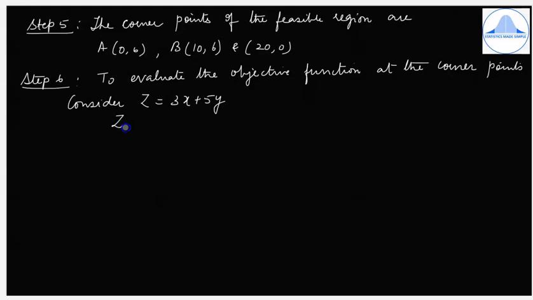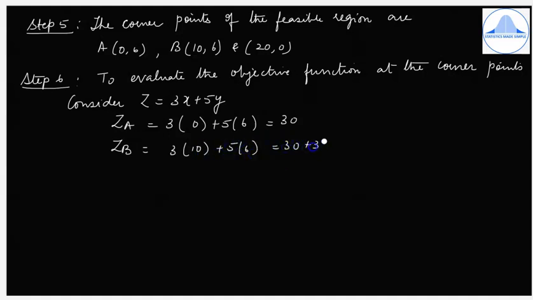So now find out ZA. So ZA is 3 into 0 plus 5 into 6. So you get 30. Next find out ZB, which is 3 into 10 plus 5 into 6, that is 30 plus 30 is equal to 60, and ZC is 3 into 20 plus 5 into 0, which is equal to 60.